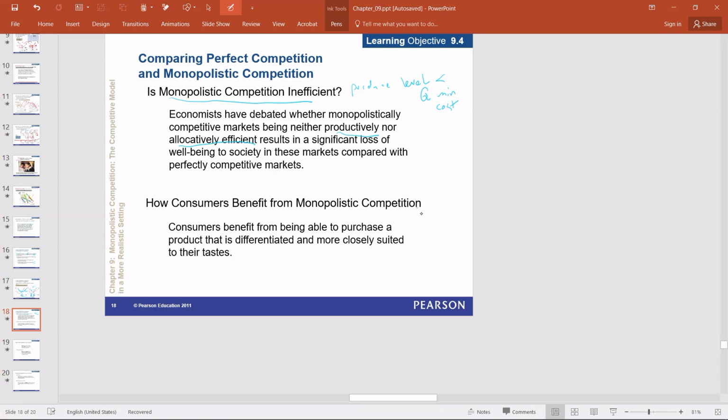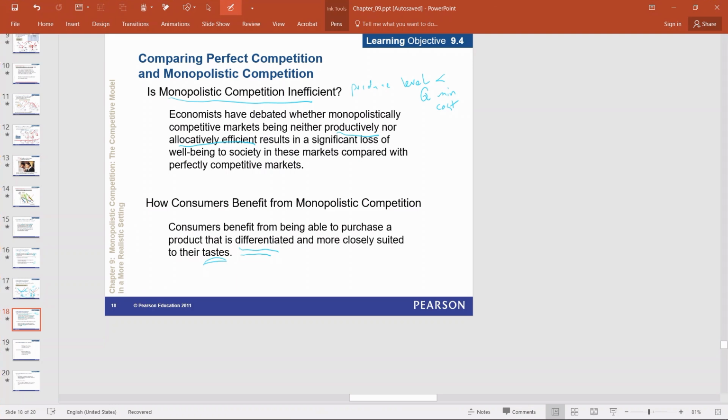But the only thing that makes monopolistic competition better than perfectly competitive market is that it gives the consumer some choices, because the products offered in monopolistic competition are not identical. So it could match to certain level some of their tastes.